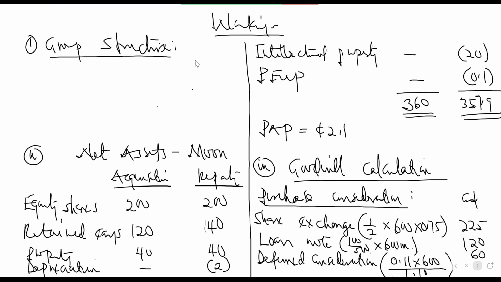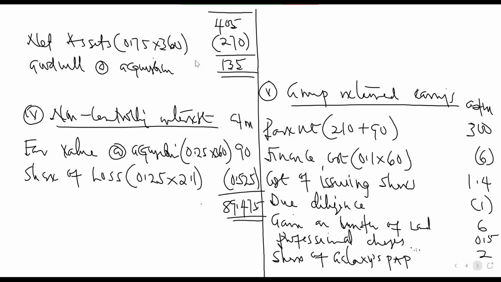Group retained earnings. What are you going to be having? Are you sure? 301.325.